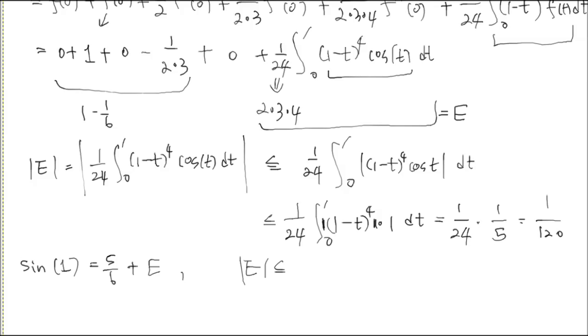So let me get what that number is. 1 divided by 120 is 0.0083. I got this number, 5 divided by 6, and it's very close to sine 1, and it is guaranteed that within that margin, 0.0083. All right.